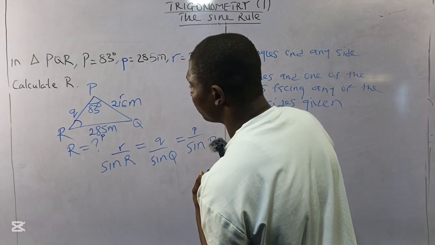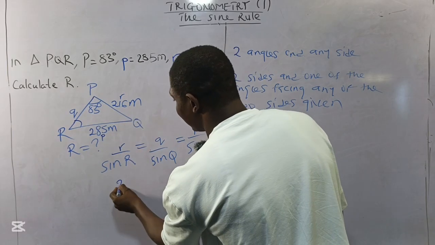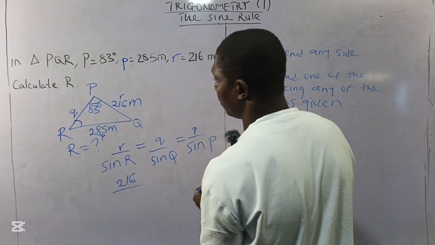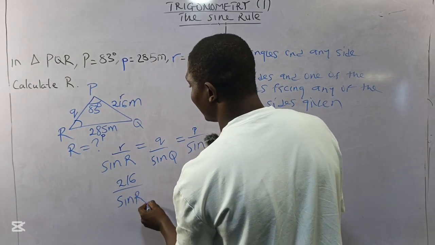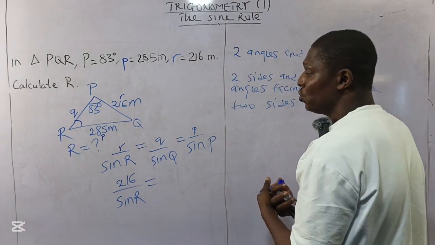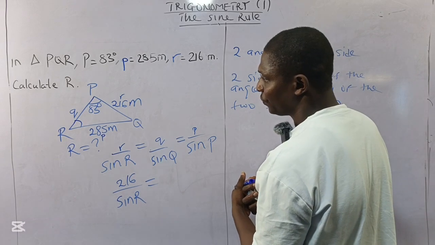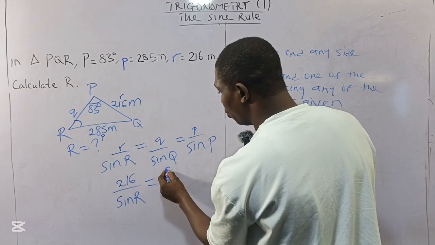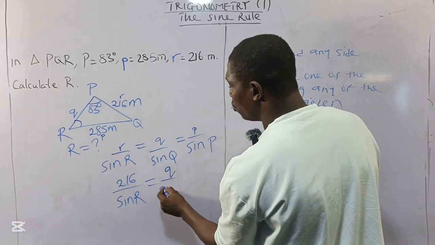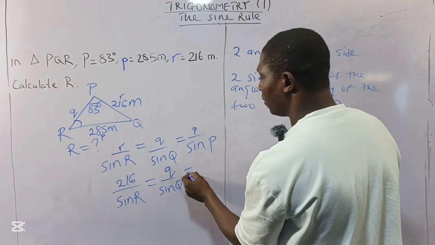Now, I'll put in all the information that is given. My small r is 216, given. My capital R is what I'm looking for. My small q is not known, and my angle Q is equally not known.